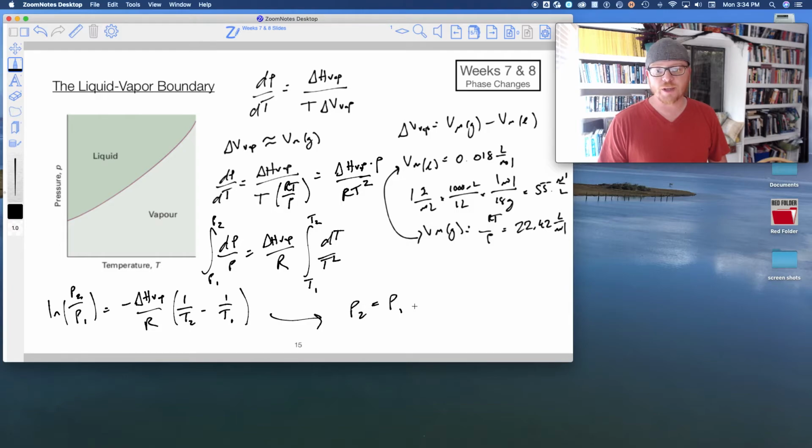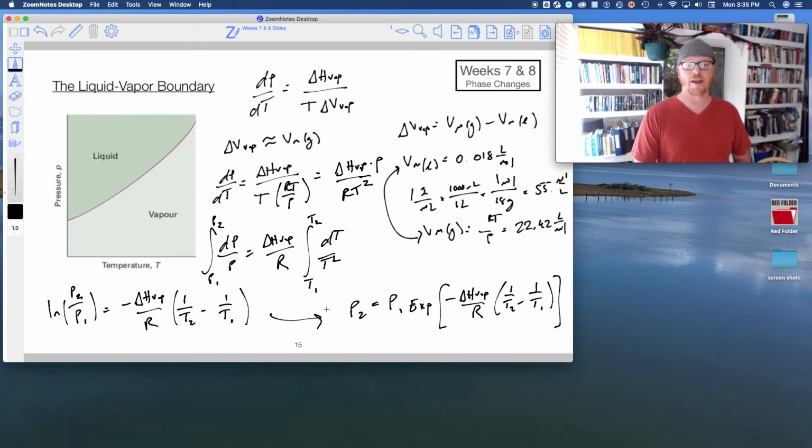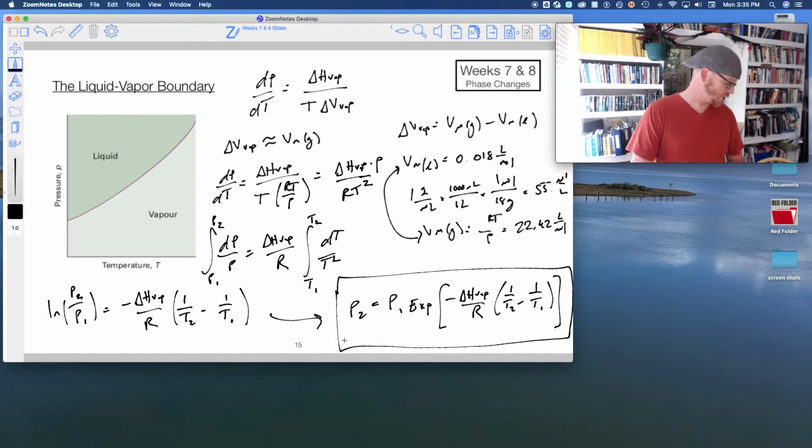Now I get P2 equals P1, times the exponential of negative delta H of vaporization over R, times 1 over T2 minus 1 over T1. Okay, great. And so here is my famous Clausius-Clapeyron equation.